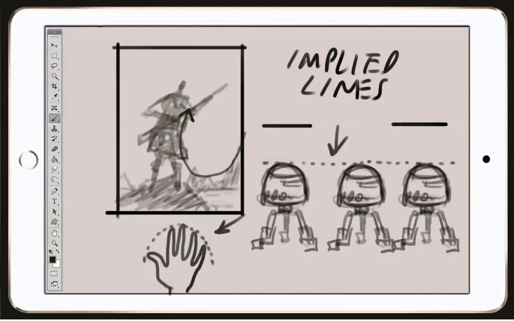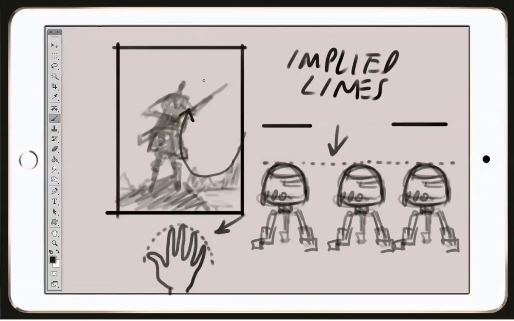Now, since this line is moving up like that toward the figure and into the gun, there needs to be a way to stop the eye from continuing on its momentum that it has acquired and moving right out of the picture area. Now, how do you do that? How do you stop the eye from moving straight out of the picture area because this gun is pointing out of the picture area?